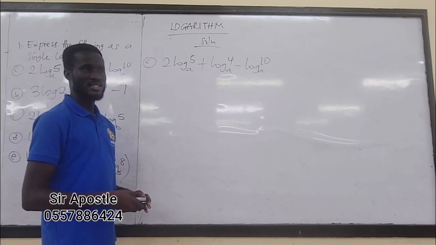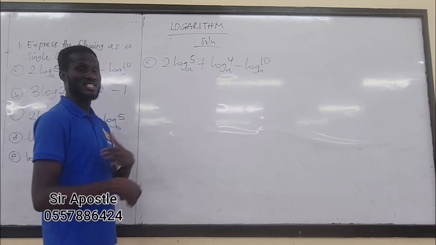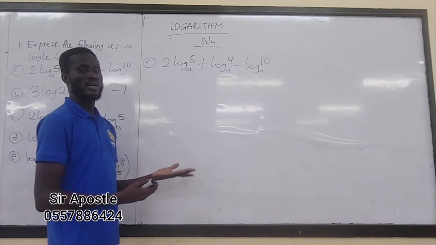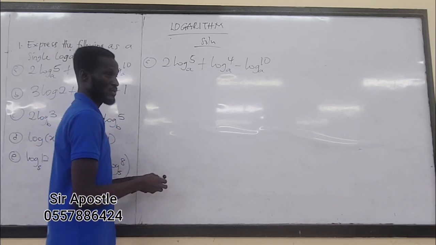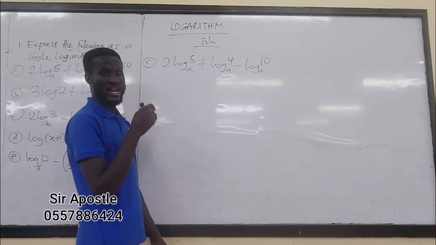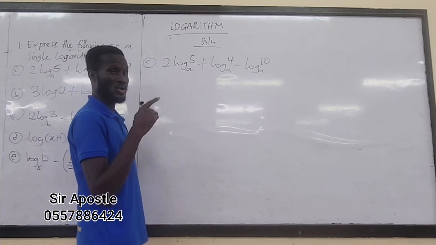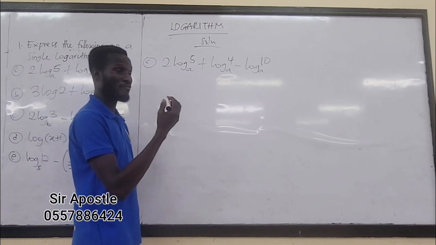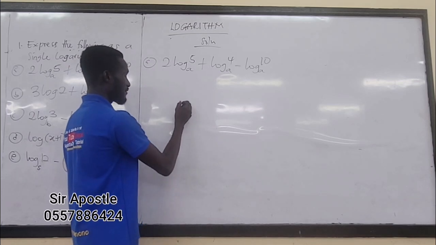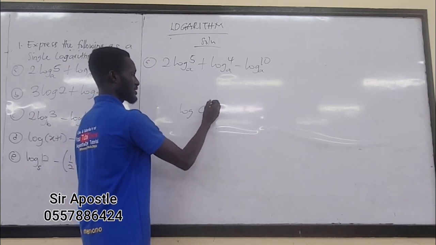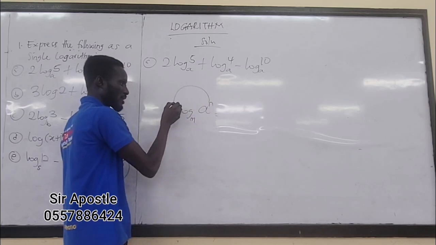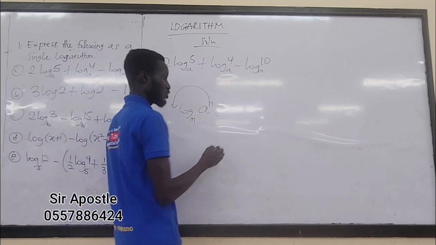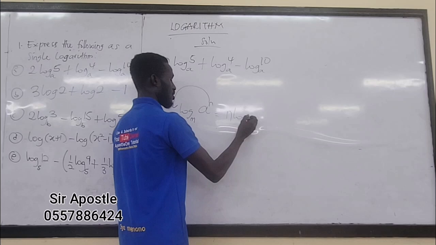Before we can express a single logarithm, we have to consider when they are multiplying and when they are adding. When they are adding, it means multiplication of logarithm. Don't forget the first law, that is the logarithm of powers. If you have log of a exponent n, it means you're supposed to bring the exponent to the front of the log, which will be the same as n log a.